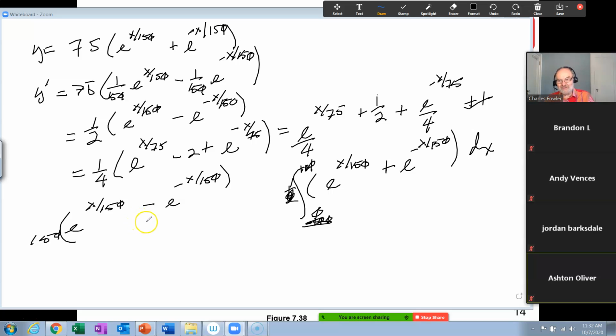I hope I've done it right so far. Evaluate that from 0 to 100. Well, 100 over 150, that's the same as 2/3, so 150 times e to the 2/3 minus e to the minus 2/3.